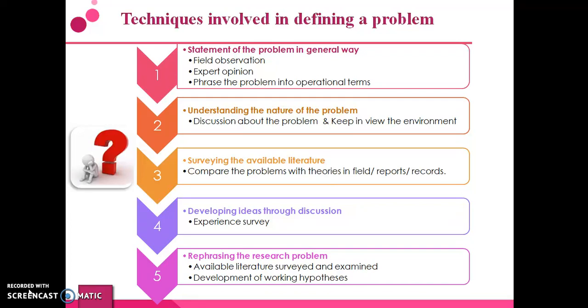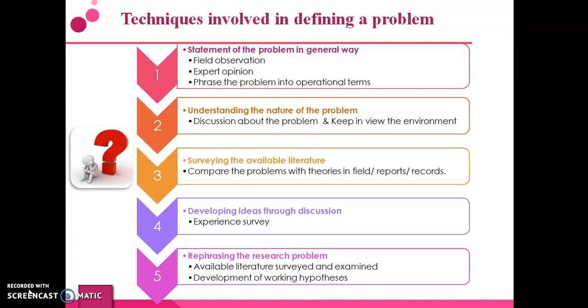Through that, we understand the problem in a general way, and understand the nature of the problem, its consequences, and the environment in which that problem happens. We then survey the available literature, the existing or published sources within the company, outside the company, or from governmental agencies, through which data or literature is available. We have to gather the information, theory, reports or records from the already published sources.